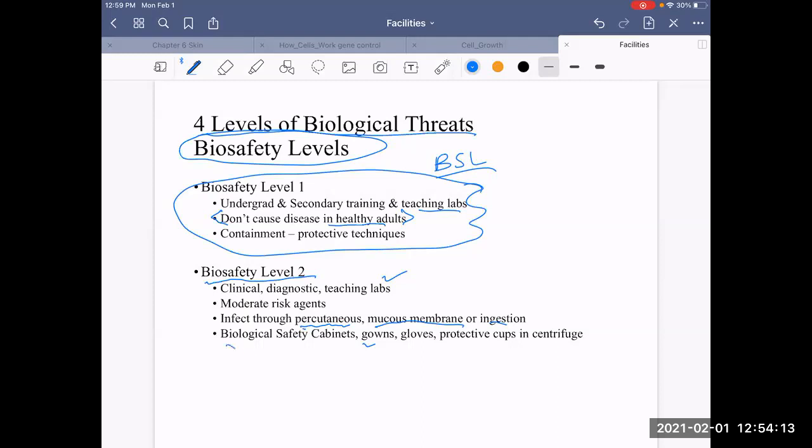So you would use biological safety cabinets. We do use those, I'll show you how to use those. Gowning, gloves, and when we centrifuge something, you put it in these little protective cups so aerosols aren't released. Don't want anything to get out.